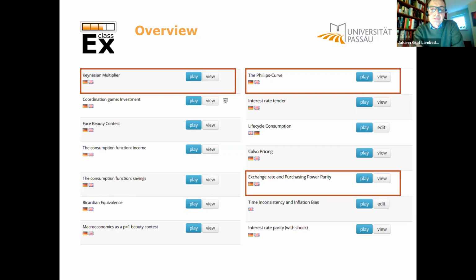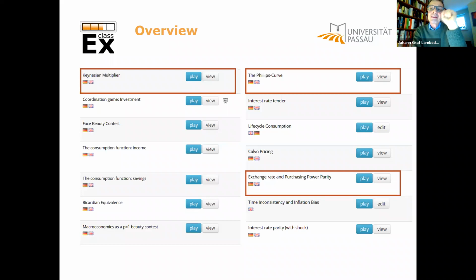This is just an introductory game, because sometimes people don't understand the difference between micro and macro. And just as an introduction, a P=1 beauty contest is one where there are multiple equilibria, an infinite amount of equilibria, and where expectations are the key drivers in the equilibrium selection.